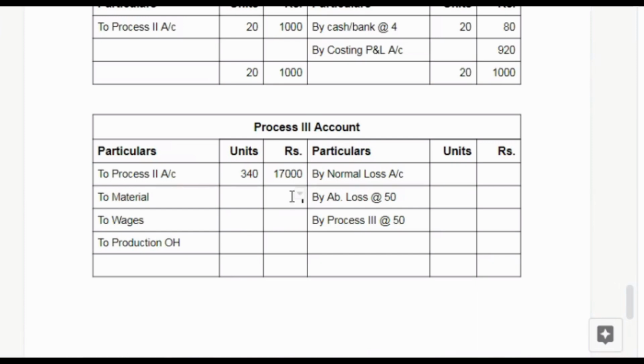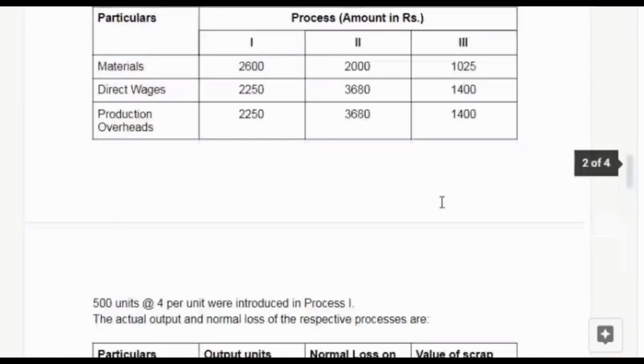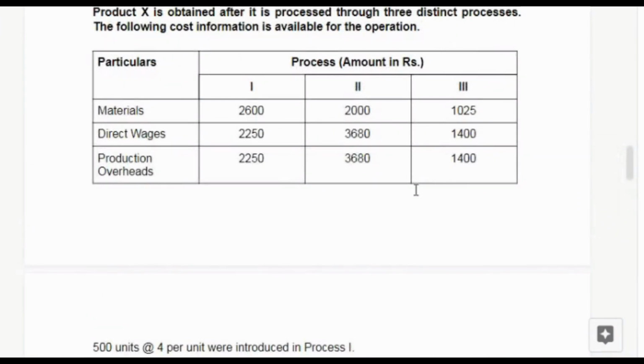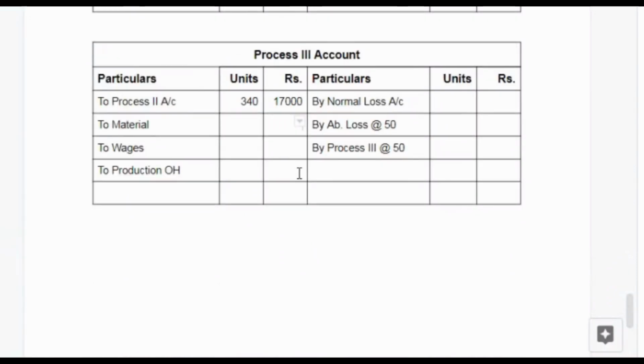And then after that the expenditures: material, wages and overheads, this is 1,025, 1,400, 1,400. These we will write directly. Clear? In the amount column 1,025, then 1,400 and 1,400. Correct. And on the credit side, what is the normal loss? How much percentage is the normal loss here?